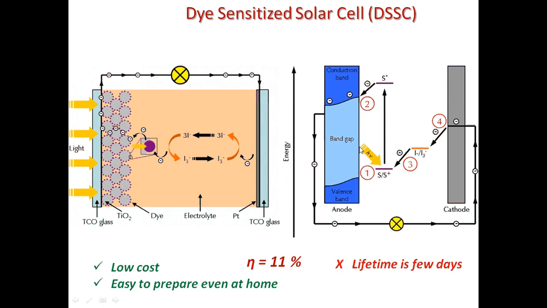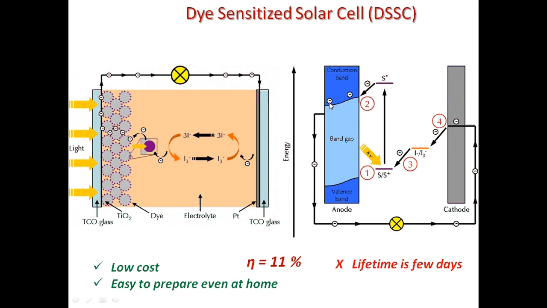Again, I would like to tell you that light falls onto my dye molecules, which produce an electron and hole pair. Okay, the electrons developed in my LUMO levels are transferred to the conduction band of my TiO2 material.